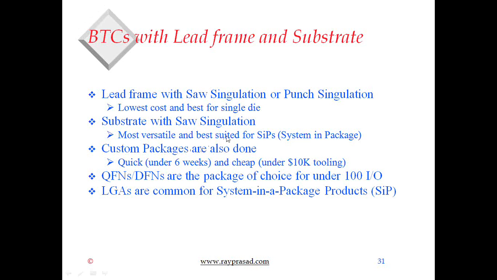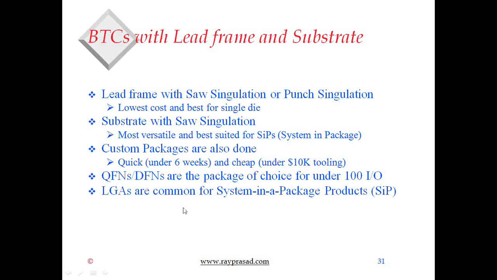It's a very versatile process. On the PCB you may have more than one silicon, so it's what they call a system in a package. They can be custom packaged as well, and people can get their customized package in less than 6 weeks, under $10,000.